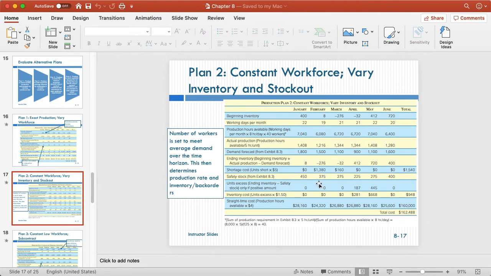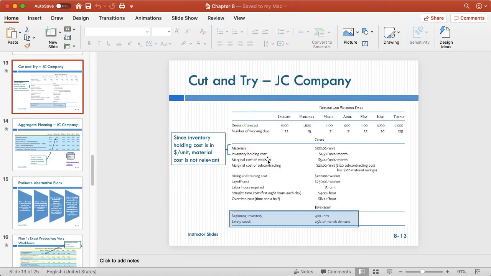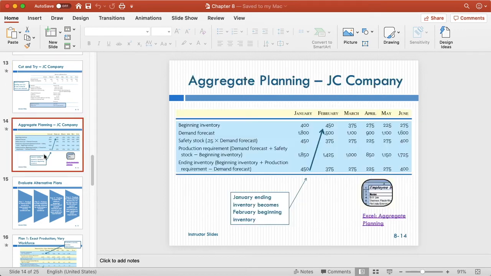Since you have the inventory, do you incur the shortage cost or back order cost? No, you don't actually lose any sales opportunity, so this is 0. The safety stock is 450. We already talked about this: the safety stock is basically 25% of the demand forecast every month.